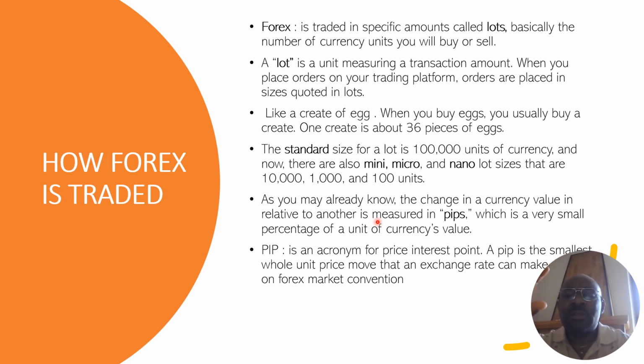Now the seconds hand is just like what changes the value: the last digit. That is what changes the value of a currency. Once that one moves to 10, then the previous number will move. If it increases, the previous number will increase. But if it decreases, the previous number will decrease. So that is how it is.